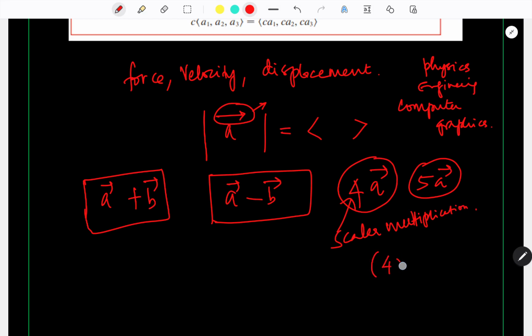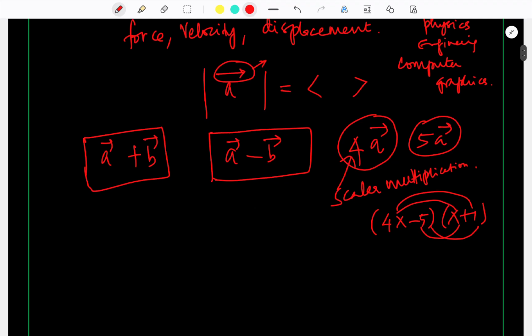Suppose you have 4x minus 5 and you have x plus 1. You multiply this with this, this with that; this operation is not available in vectors. Instead, we go with i component with i component, j component with j component, k component with k component.